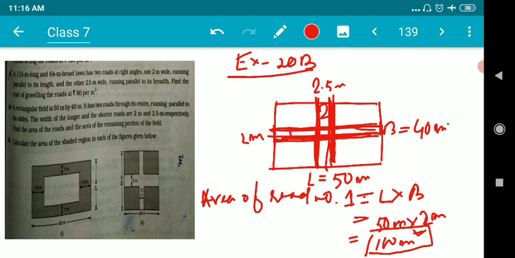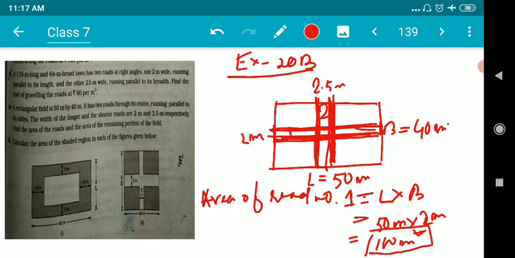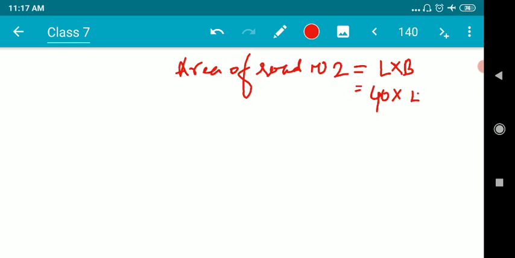So the length of the road is 40 meter, and the breadth is 2.5. So 40 into 2.5, remove the decimal point, and the zeros cancel, giving 100 meters square. So both the roads' areas are 100 meters square respectively.